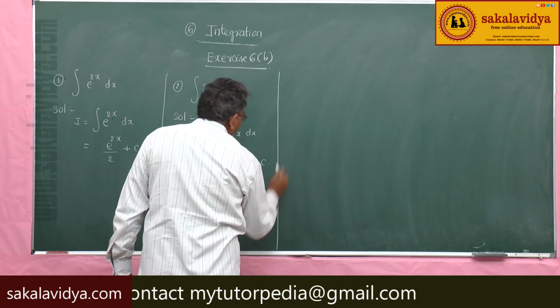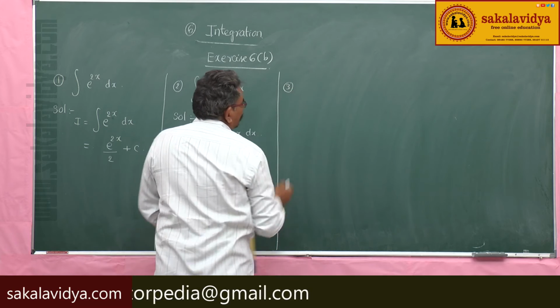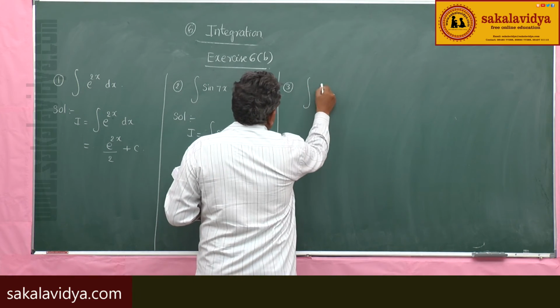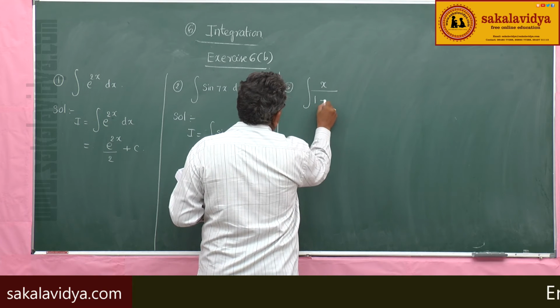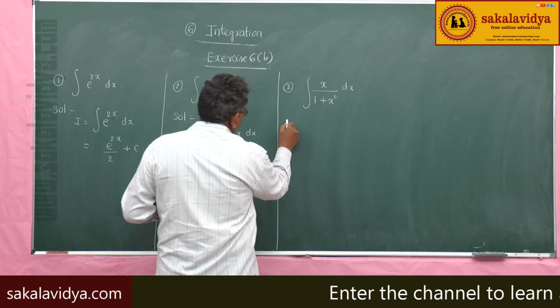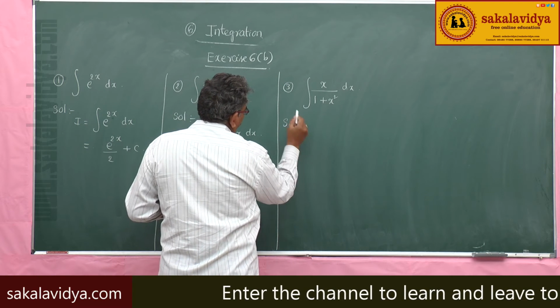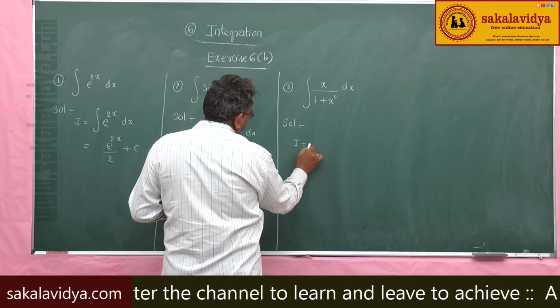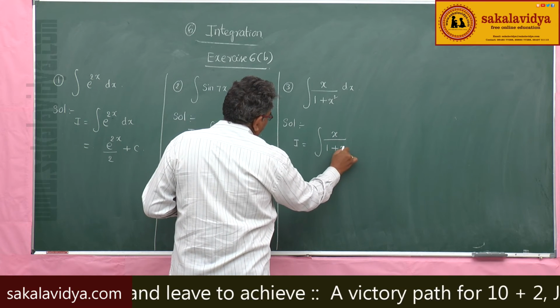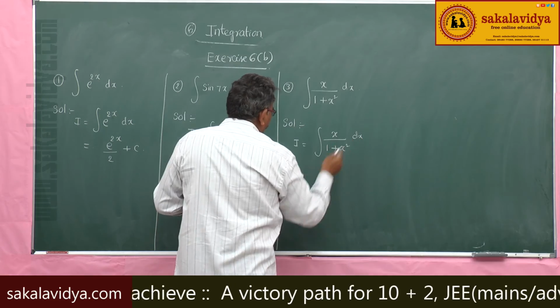Let us go to the third problem. Evaluate, the third one is the integral of x by 1 plus x square dx. Now, solution. Here I is equal to the integral of x by 1 plus x square dx.